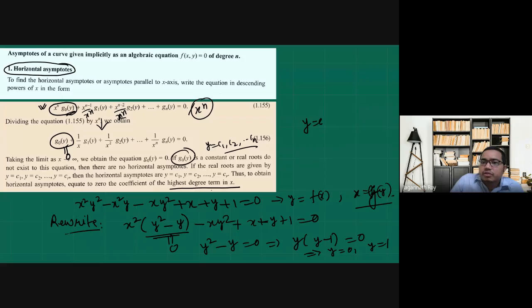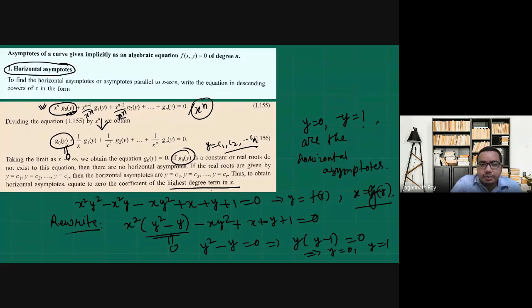Y equals 0 and y equals 1 are the horizontal asymptotes.